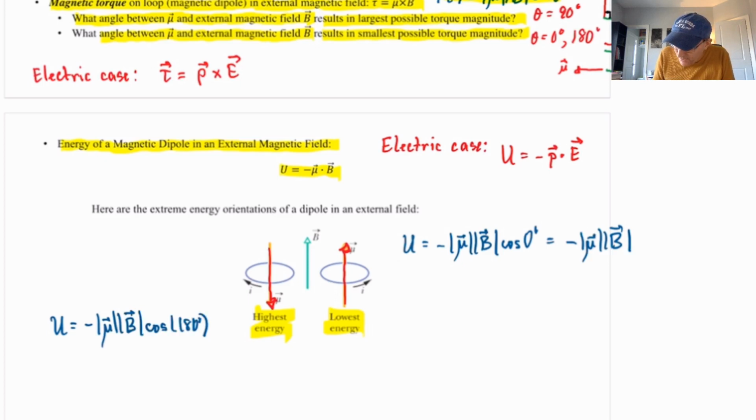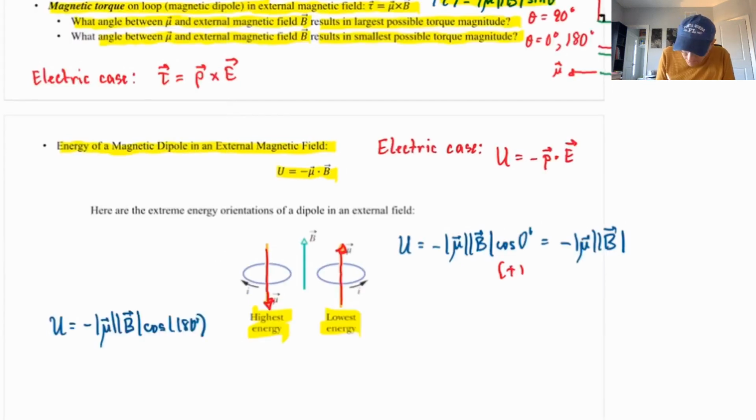And whereas the cosine of 0 degrees is plus 1, the cosine of 180 degrees is negative 1. And so the energy is plus mu times B. And that's the highest possible energy configuration of a magnetic dipole in an external magnetic field.